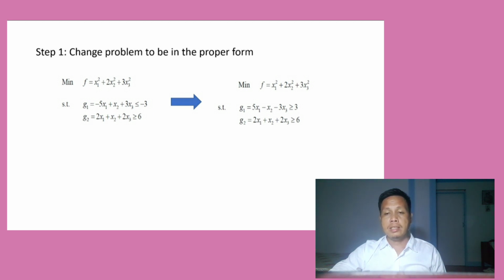So it will now be g sub 1 equal to 5x sub 1 minus x sub 2 minus 3x sub 3 greater than or equal to 3. And g sub 2 is 2x sub 1 plus x sub 2 plus 2x sub 3 greater than or equal to 6.